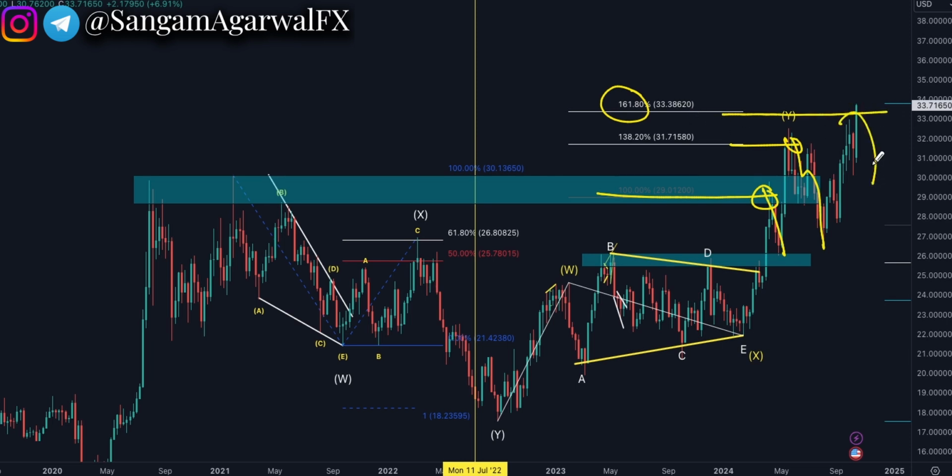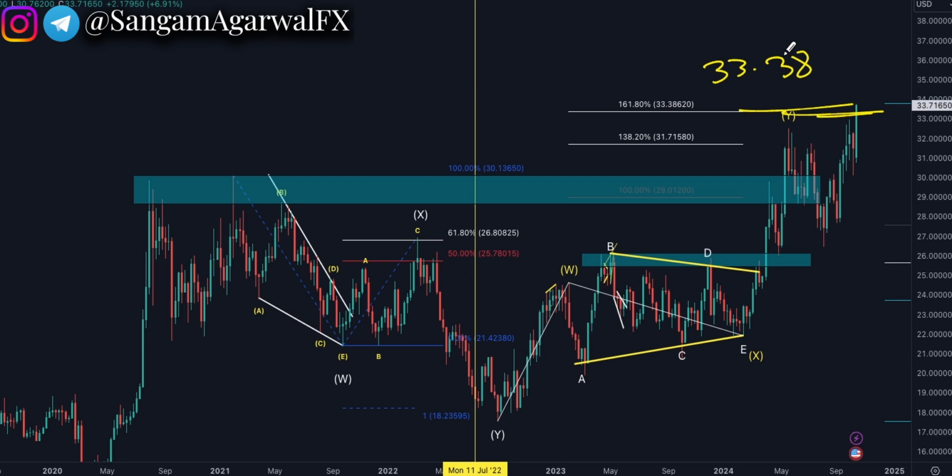If you forget gold for a few seconds, then this is a big resistance level. The trend must end near this projection level. Past two times you see rejection. This is the third target. Let's see what happens next. But this is a big resistance level, 33, 38 level.